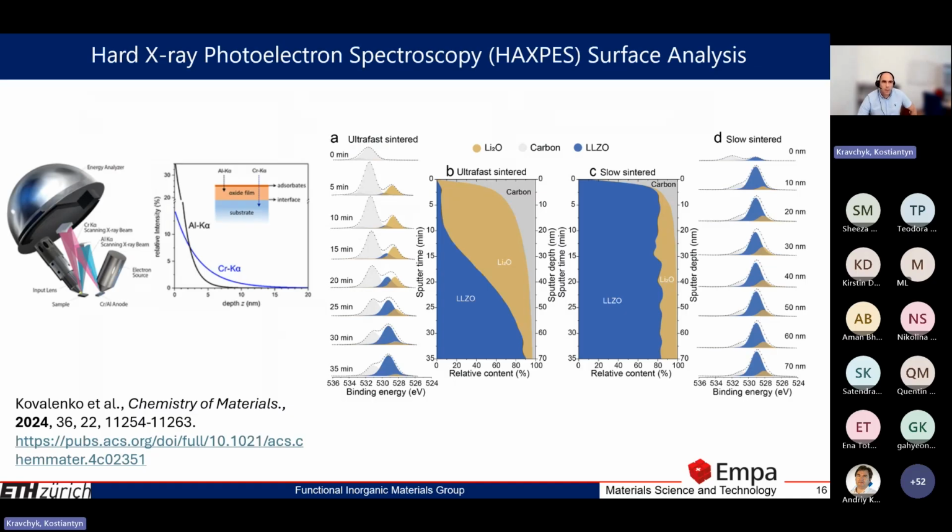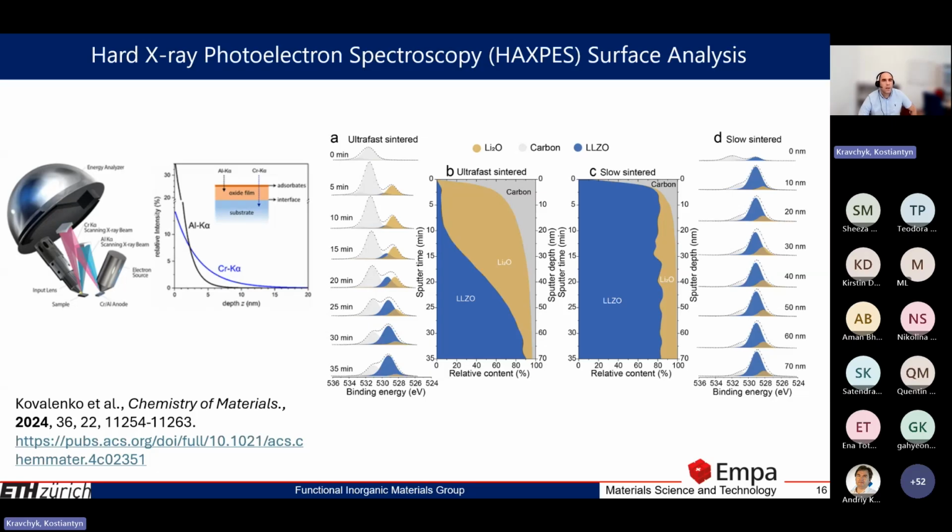HAXPES, so hard X-ray photoelectron spectroscopy, is a method which is often used to measure surfaces a bit deeper from the surface.